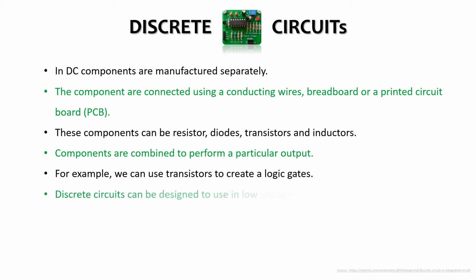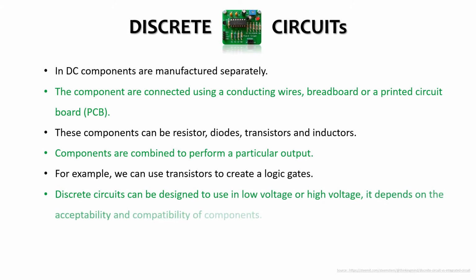Discrete circuits can be designed to use a low voltage or a high voltage. It depends on the accessibility and the compatibility of the components, on the circuit and the device type. Just like we know, low voltage means 0 and high voltage means 1, right?